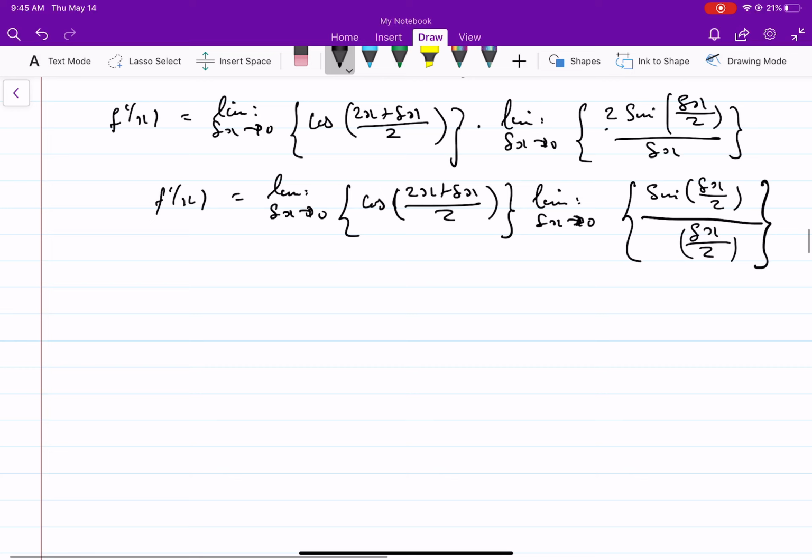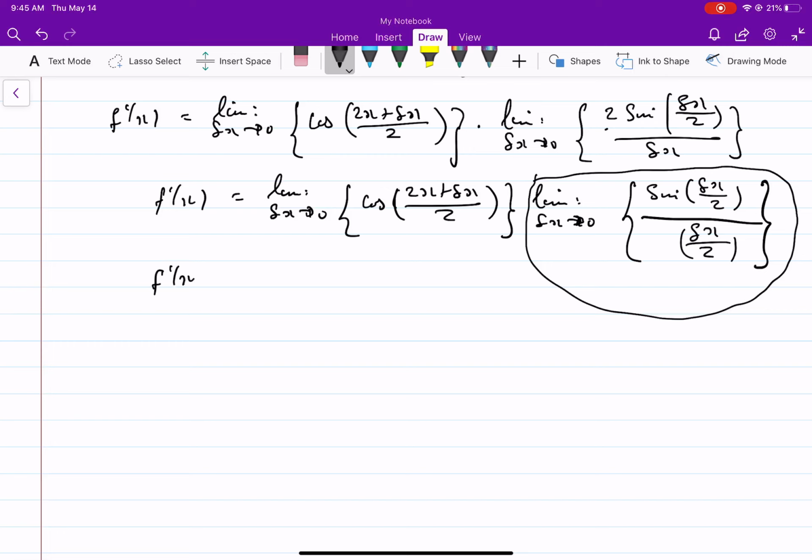There. And everybody should know what this entire second limit is. We went through an entire video for that. The limit as delta x approaches 0 of sine of delta x upon 2 divided by delta x upon 2. That limit is 1. That entire piece is 1. For the first portion, we're going to simply substitute delta x equals 0 in there.